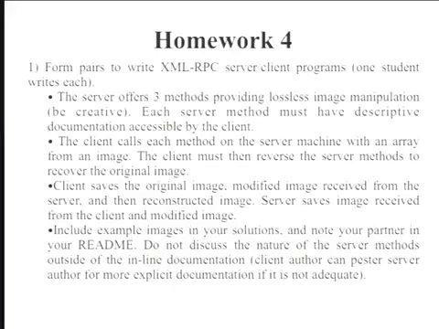And then the server's job is to offer 3 methods of providing lossless image manipulation. So you can write a method which is going to be something like take the image and for each pixel set it to a specific value based on the previous value of the pixel, or shift the image around, or magnify it and change it to be twice the size, things like that.